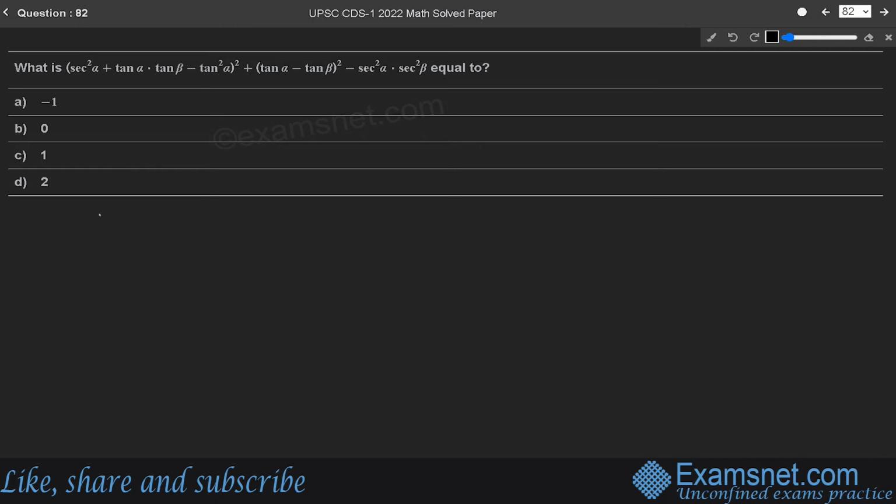So let us take alpha is equal to beta is equal to 45 degree. We can take 0 degree also, but not 90 degree, because we know that tan 90 degree is equal to infinity.